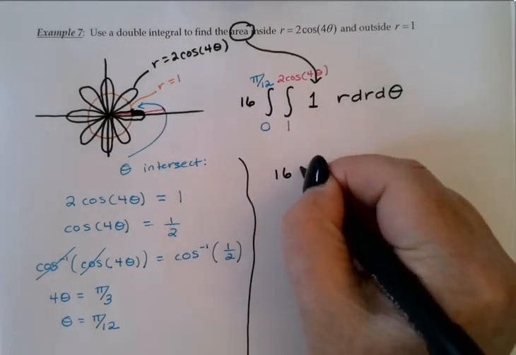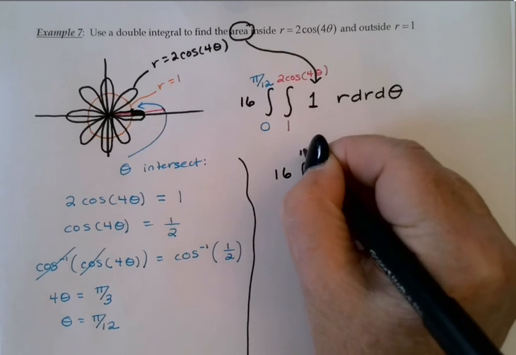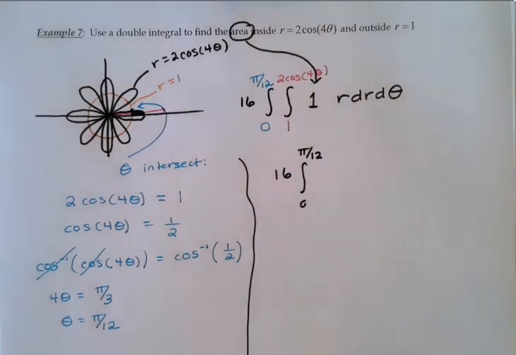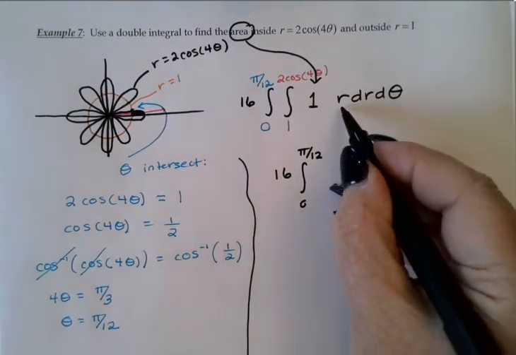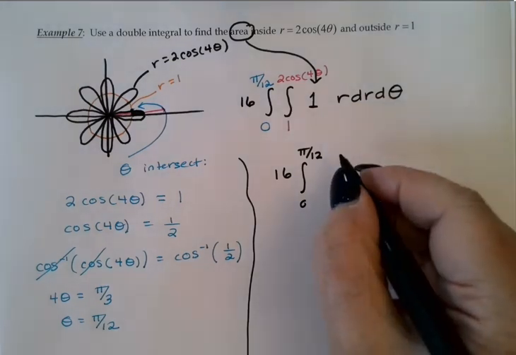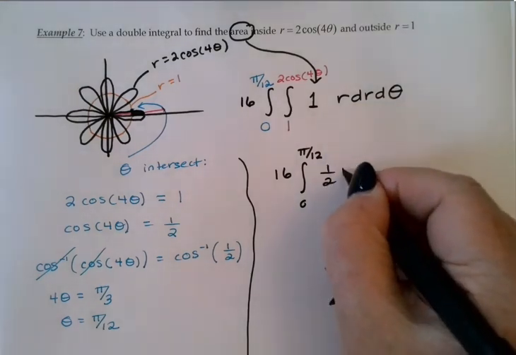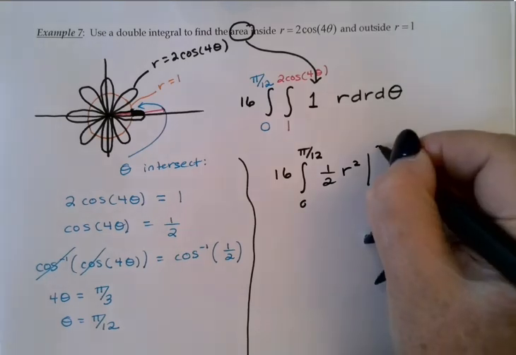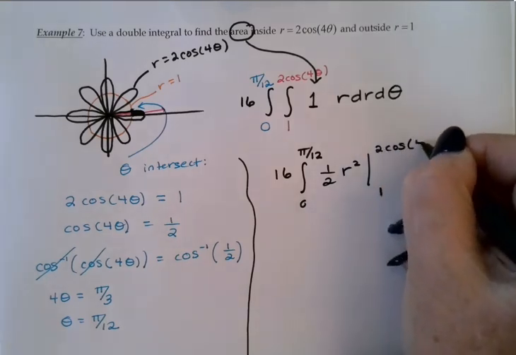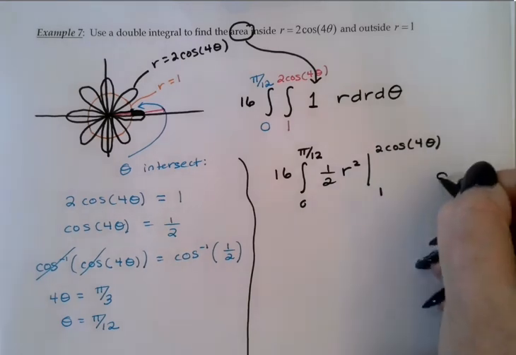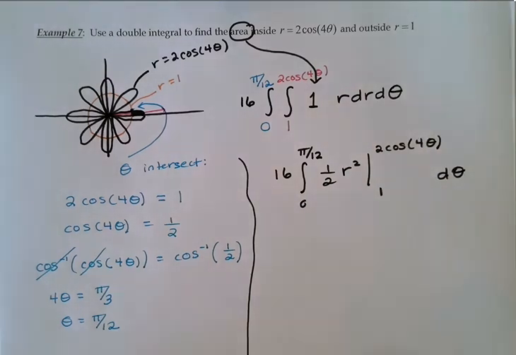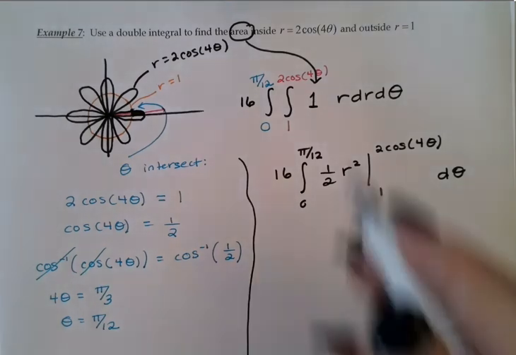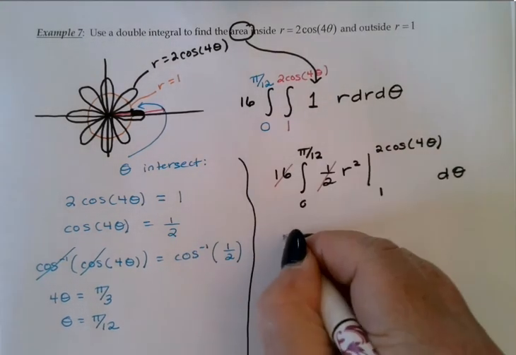We have 16 times the integral from 0 to pi over 12. And I'm integrating just r, so that's going to give me 1/2 r squared from 1 to 2 cos 4 theta, d theta. I'm going to go ahead and just get rid of the 1/2 and the 16, and make that an 8.